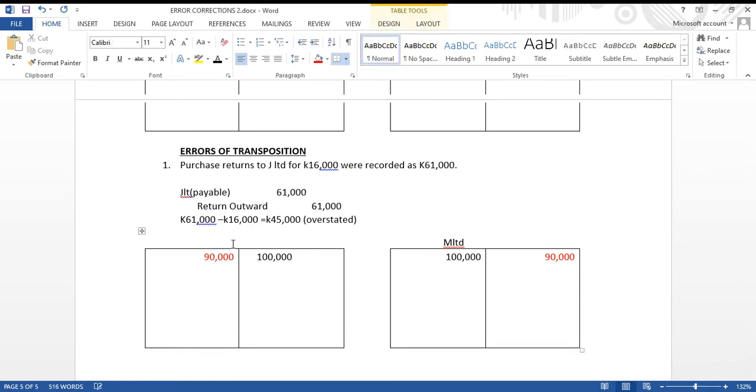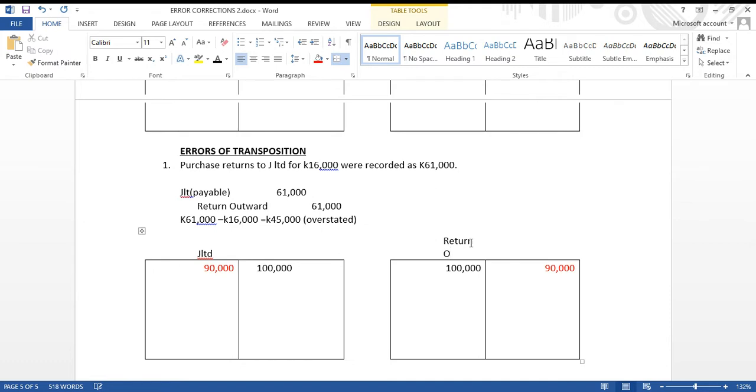So we have our payable here, J Limited. This is a liability account. Here we have return outwards, our contra expense account. So we debited here 61,000.